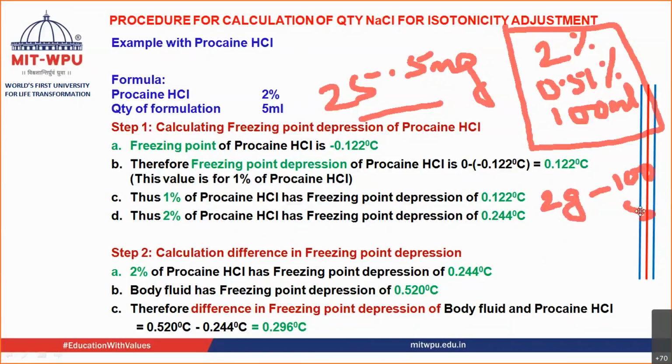So in 5 ml, it is going to be how much? So 5 into 2 becomes 10 upon 100 becomes 0.1. So I can write down this formula as 0.1 gram of procaine hydrochloride.